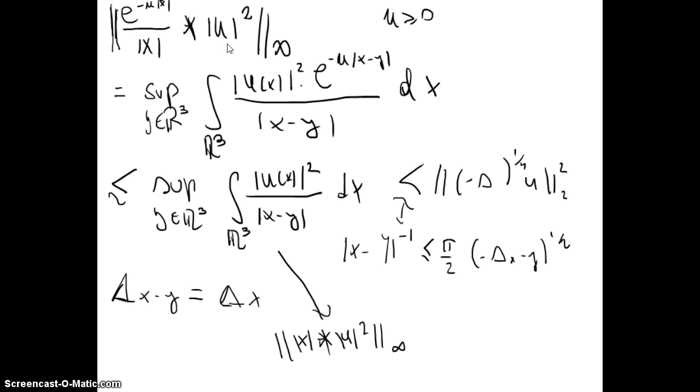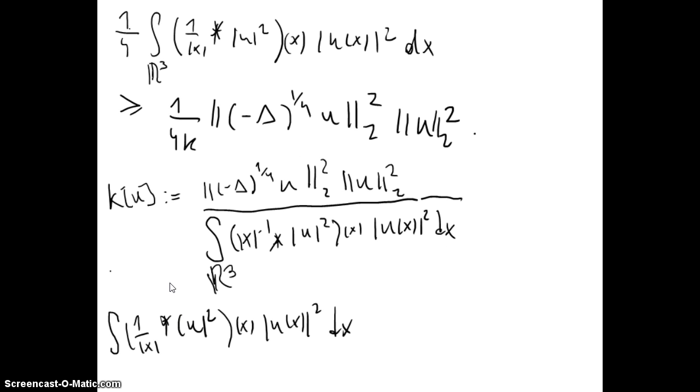The norm infinity of this integral, in our case we have a 1 here, but it's the same, can be bounded by the norm infinity of |x| to the minus 1 convolution u squared. That's what we already used, and we will use it again.